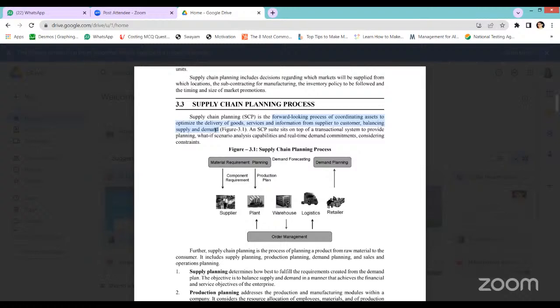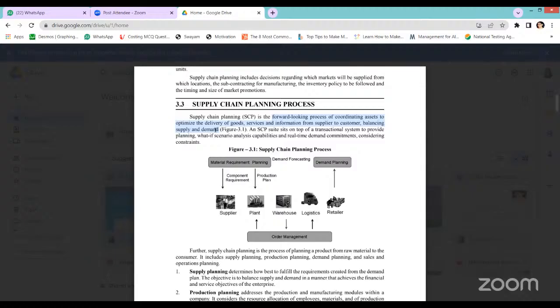So while planning, they look forward, about how to coordinate your assets, making sure that you deliver your goods with optimum utilization of assets, and also information about the availability of the goods or services from the supplier to your customer, so that you'll be able to balance the supply and demand.